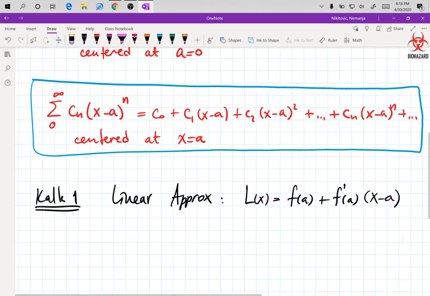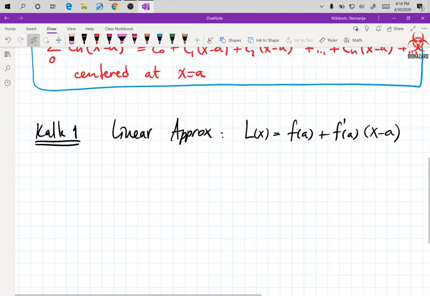So in Calc 1 you learned approximation, and then you used this one to figure out, say, the square root of 23, to the best of your abilities. Because you can calculate the square root of 23 using this.